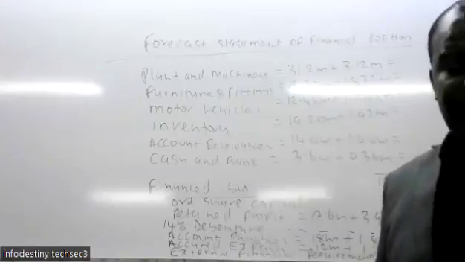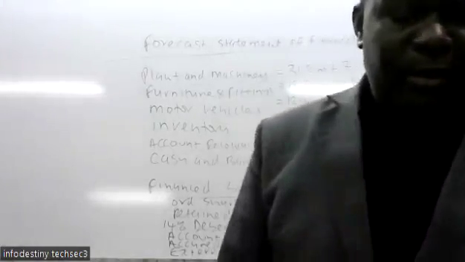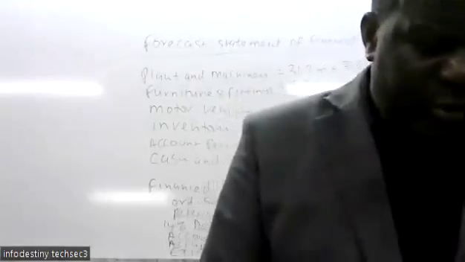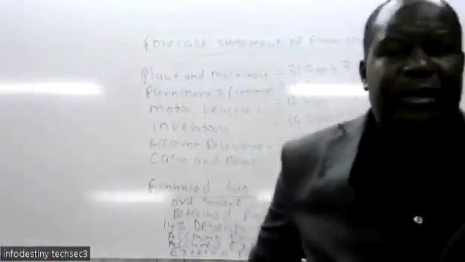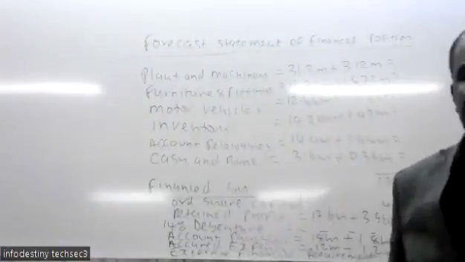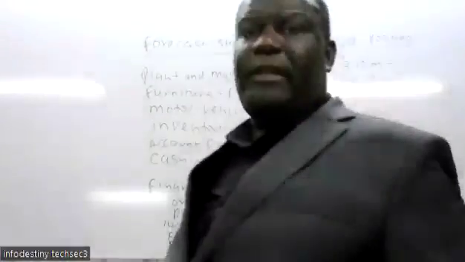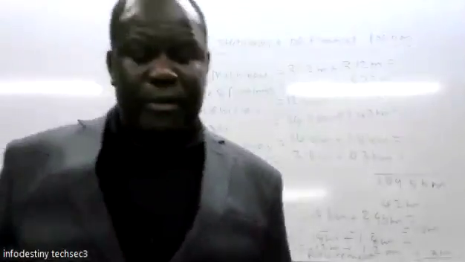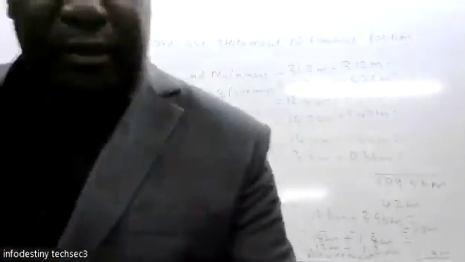That's Roman letter 3. They wanted you to give them the weaknesses or assumptions. Weaknesses are the same as the assumptions or the limitations.